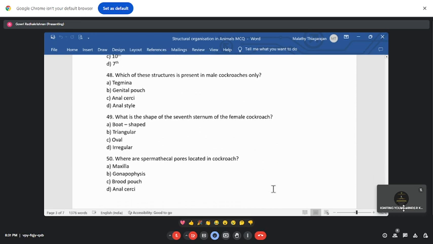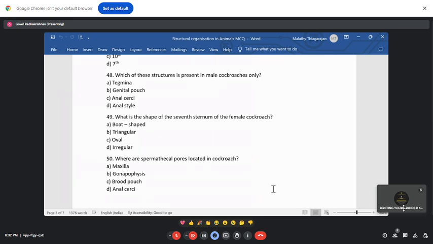Which of these structures is present in the male cockroach only? It's like a thread-like structure that is present at the back, before the last segment.